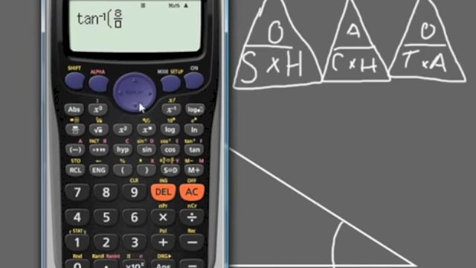Don't need to simplify it, just put it straight in. And this will get us the angle. That angle right there is 38.66 degrees. So we wanted tan, so put finger over tan, opposite over adjacent, and you're finding an angle. To find an angle, shift tan, assuming you've got that ratio.